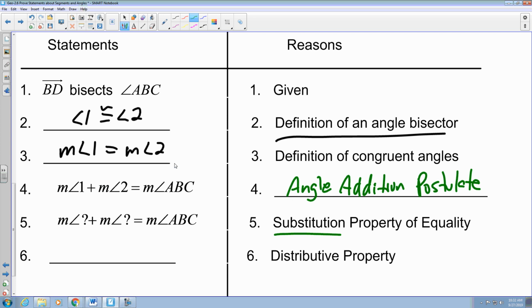So we're going to say this is angle 1 and this is also angle 1, because we can change this because of this statement right here, and the substitution property allows us to do so. Then with the distributive property, we can factor out a 2. So this is 2 times the measurement of angle 1 will equal the measurement of angle ABC. And that's the proof.